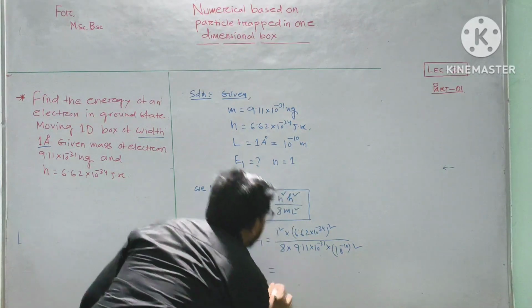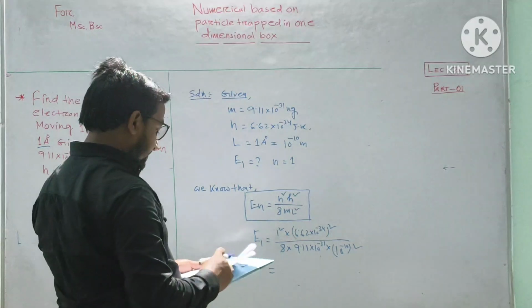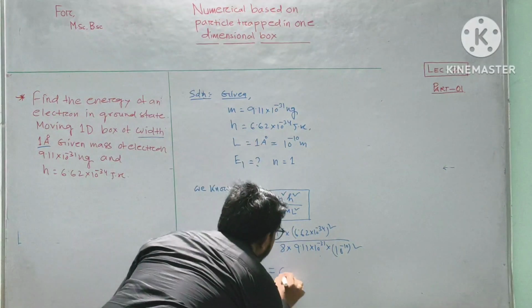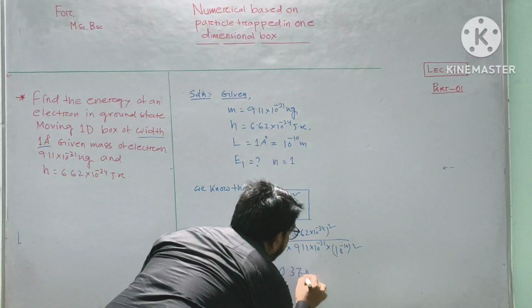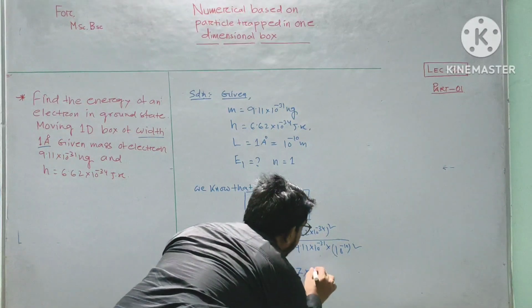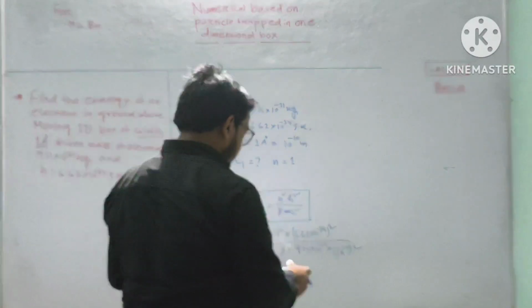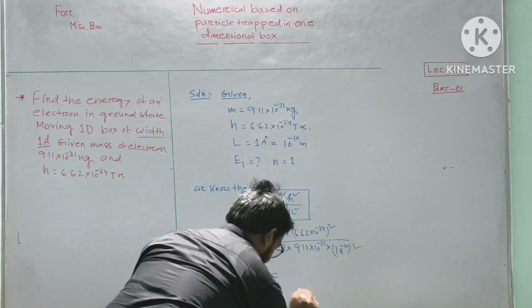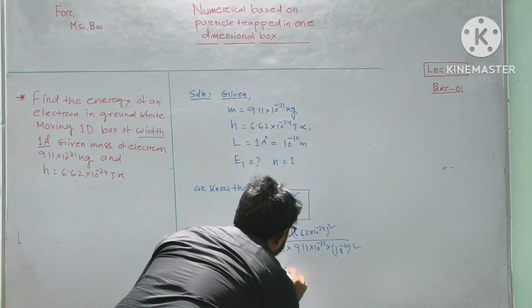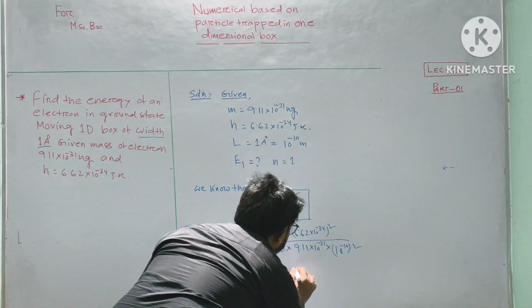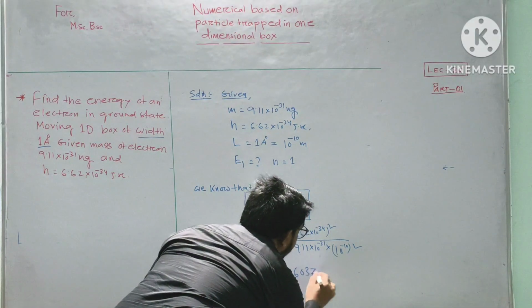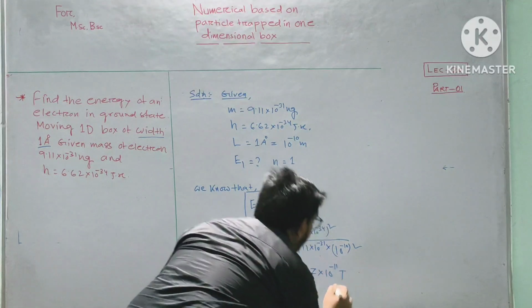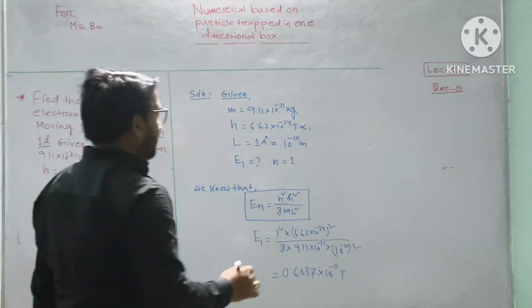After solving this part, we get the result 0.6037 into 10 to the power minus 11 joule.